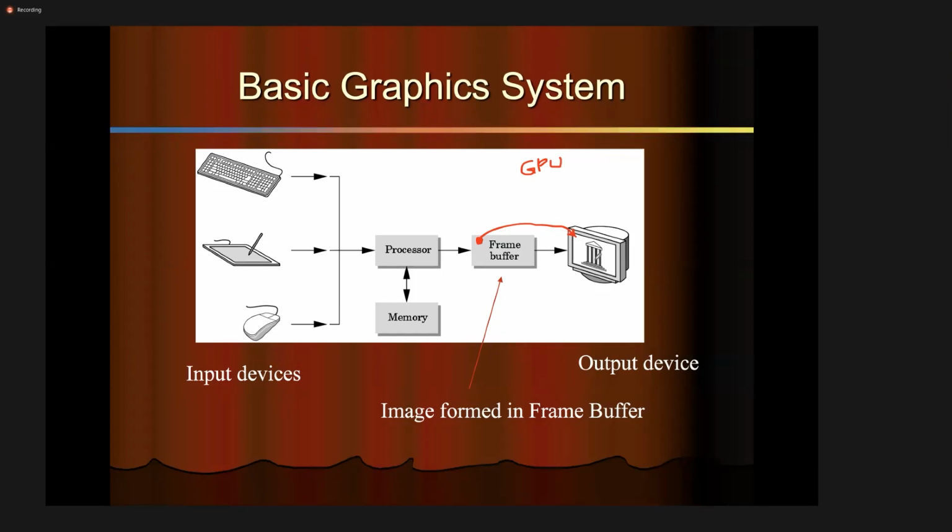Therefore, a number of pictures are to be presented on the screen within 1 second. These things we have to understand properly. Now, these concepts show how the graphical system works, how this graphical data goes from input to output.